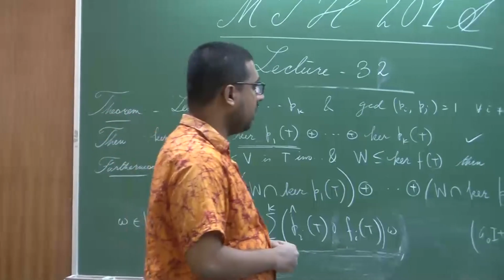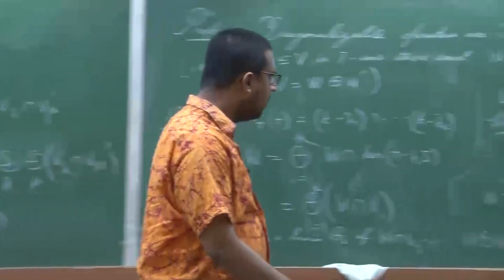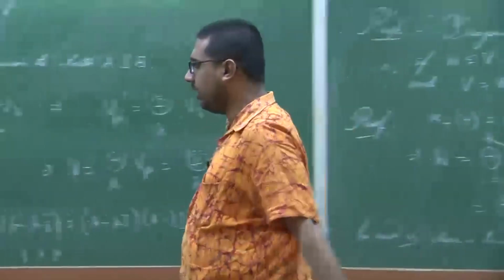Next topic that we can start is, well, of course, there are several other results regarding diagonalization, for which I need the notion of inner product. So, I will come to that later.